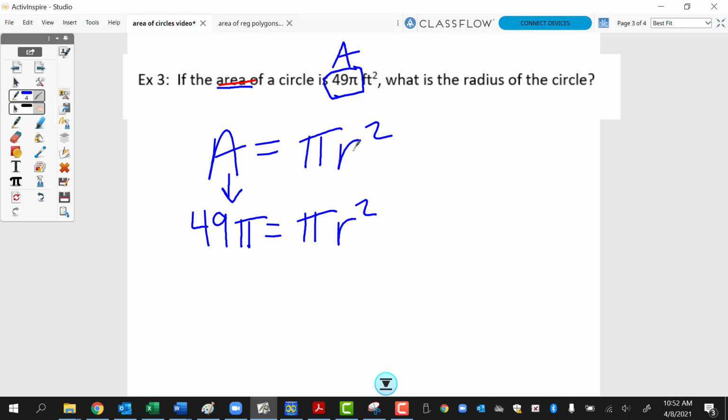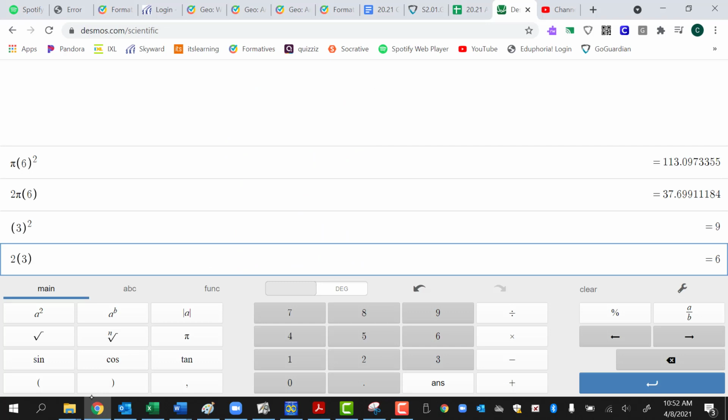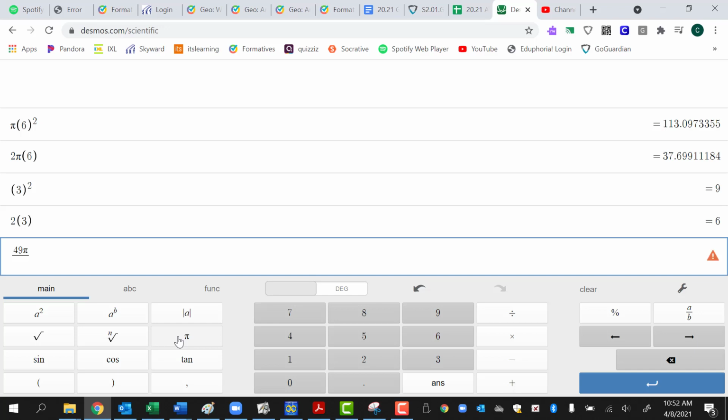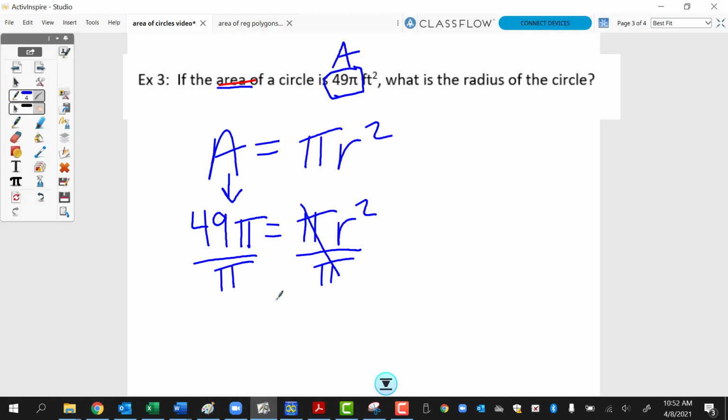So the first step, we got to move pi. So how do I move this pi to the other side? We divide by pi. This goes away. We type this in. What do you mean we type it in? You type it just how it looks. So we're doing 49 pi divided by pi is 49, which makes sense.